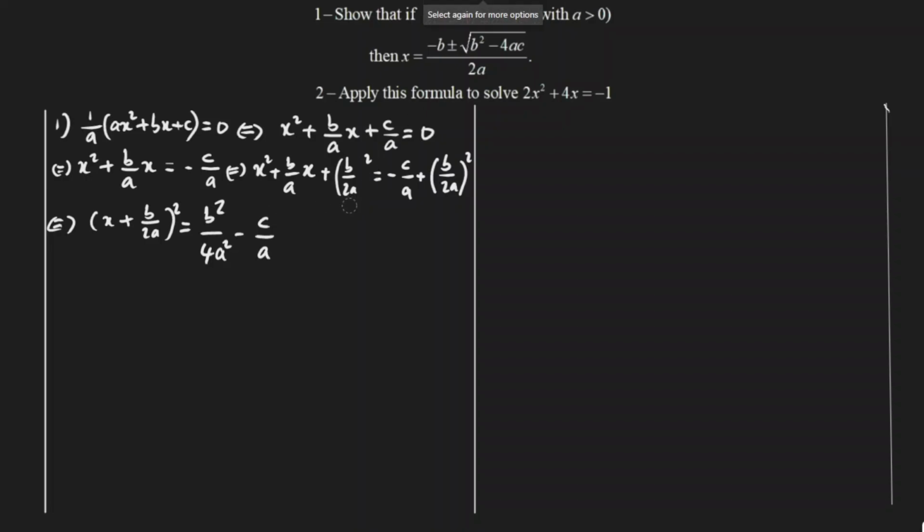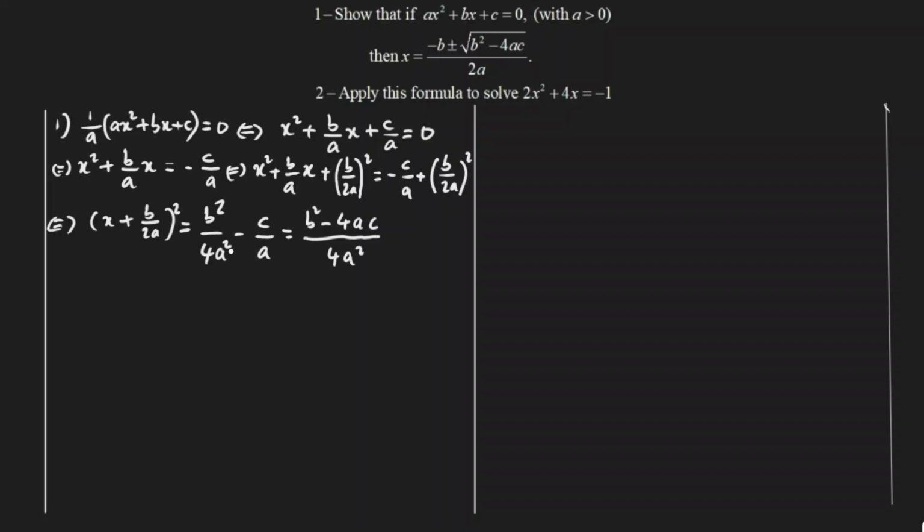We can also write this one as b squared minus 4ac, divided by 4a squared.